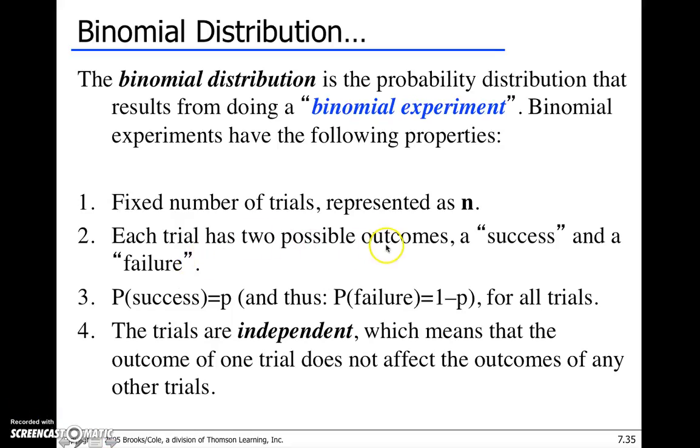Each trial has two possible outcomes, hence the term bi, a success and a failure. 3. The probability of success we can denote by p, little p, and thus the probability of failure is 1 minus p for all trials. 4. The trials are independent, which means that the outcome of one trial does not affect the outcomes of other trials.